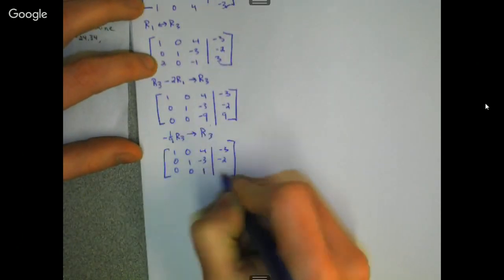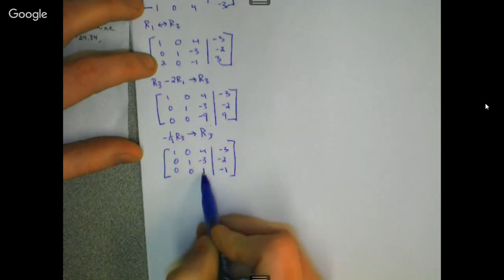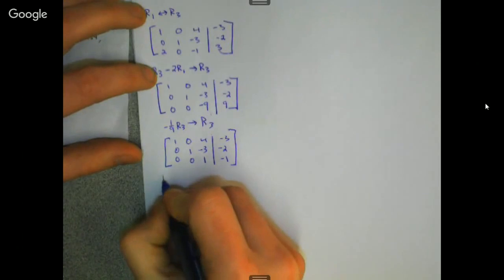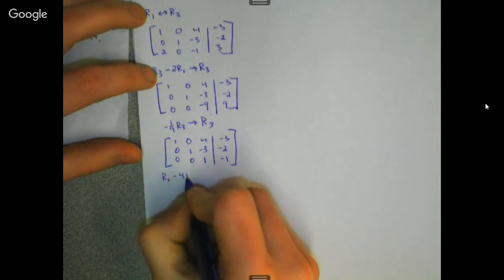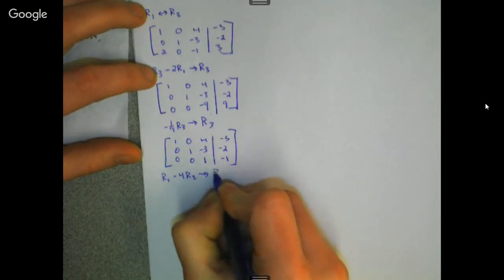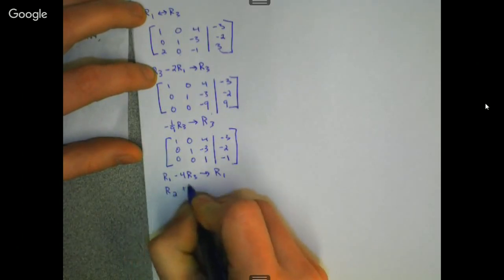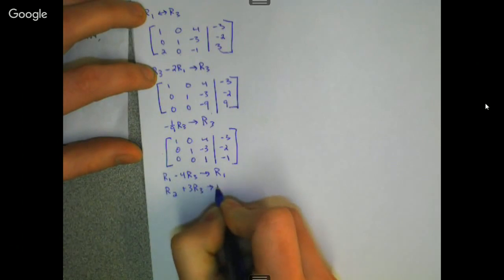So this becomes a 1 and a minus 1. So now that this is a 1, these have to become zeros. So we'll take row 1 minus 4 row 3 into row 1, and we'll take row 2 plus 3 row 3 back into row 2.